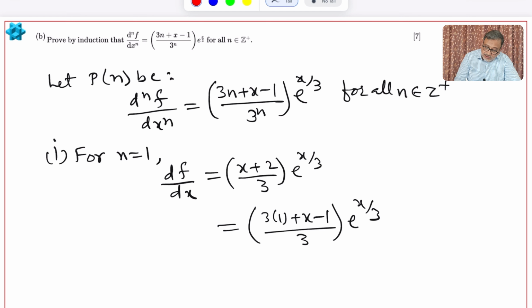Because this 2 we can write as 3 into 1 minus 1, that will be the same as 2, right? So, that becomes 2, which we already have. 2 is the same as 3 into 1 minus 1, right? Okay. So, therefore, P of 1 holds.